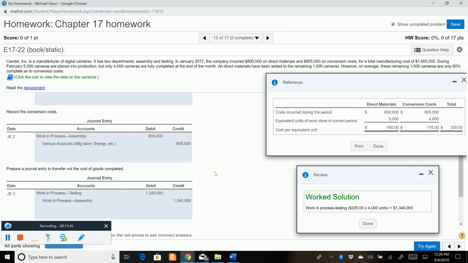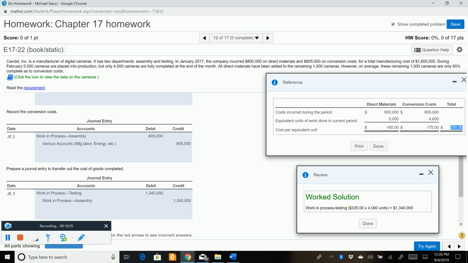Now, how much is going to get transferred out to the next WIP stage, which is testing? Well, we concluded that the cost per equivalent unit was $335 total for both the materials and the conversion.